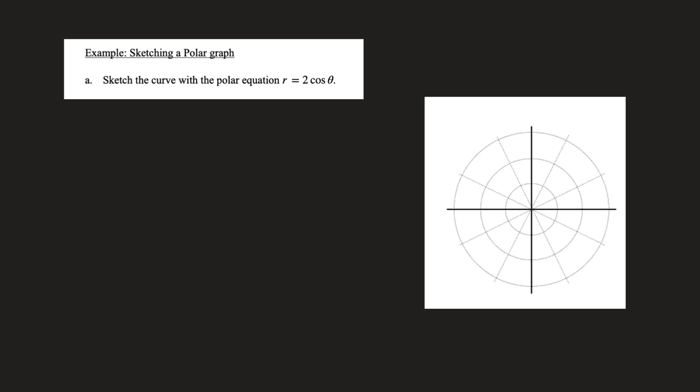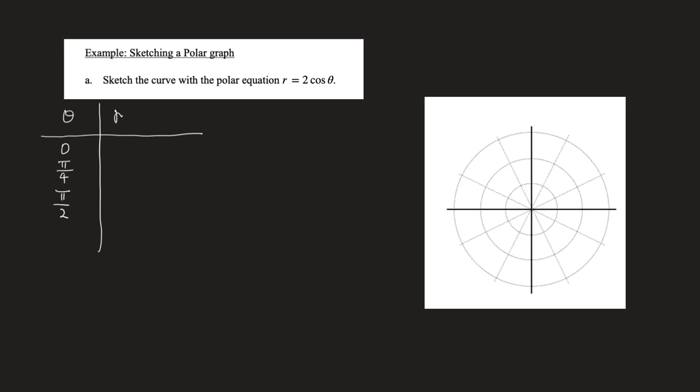Let's sketch the polar equation r equals 2 cosine theta. So how are we going to sketch it? Let's make this table. Let's start: theta is 0, pi over 4, pi over 2. These angles are in the first quadrant.